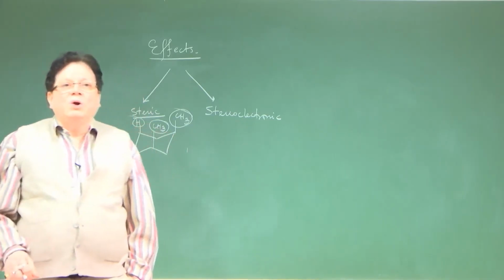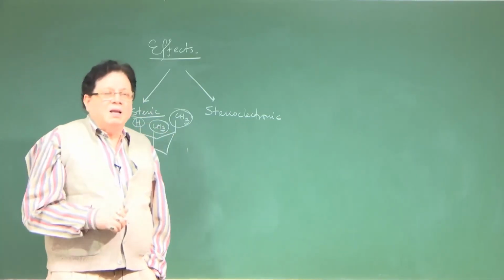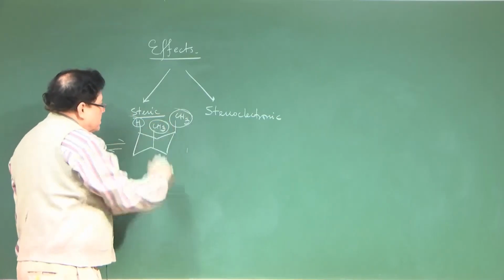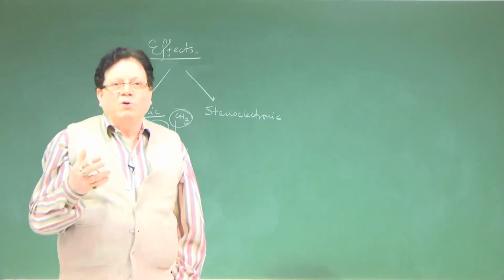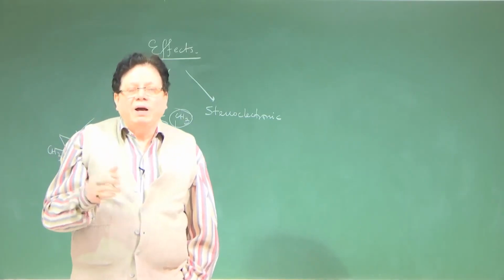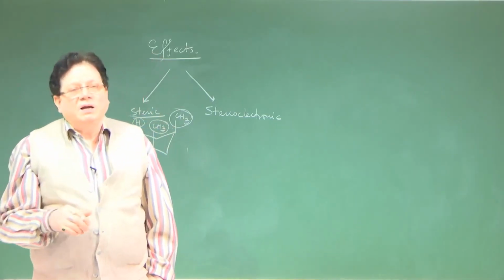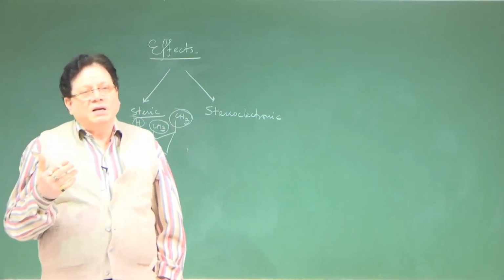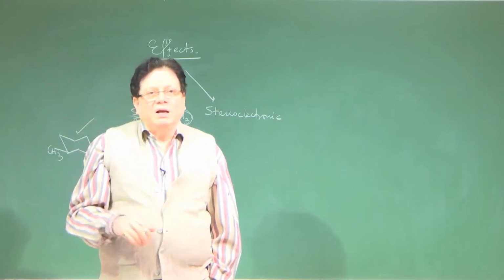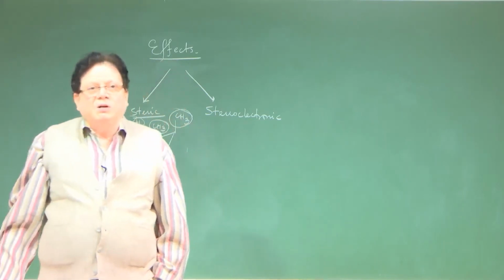Now, stereoelectronic effect is very similar: instead of these groups, if you have electron clouds in the form of orbitals, and they are pointing towards each other, then they will repel each other, and that also creates an effect. That is what is called stereoelectronic effect.